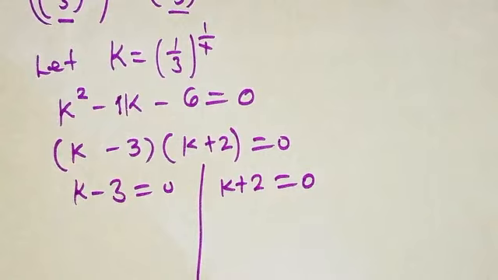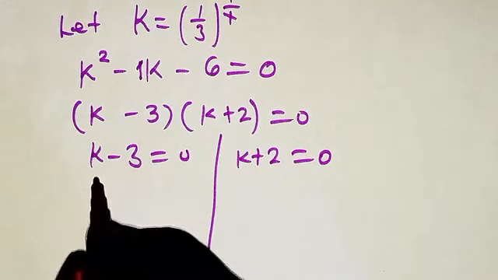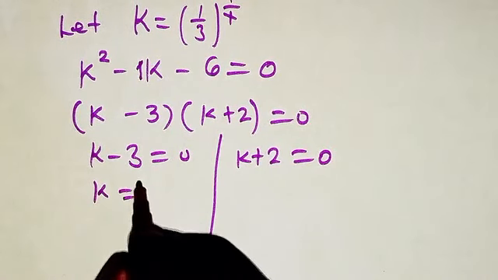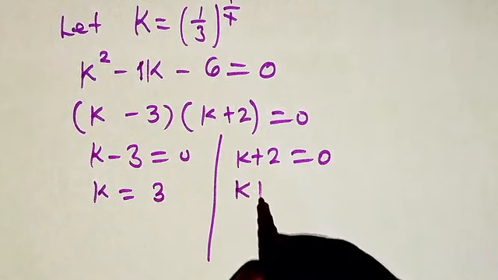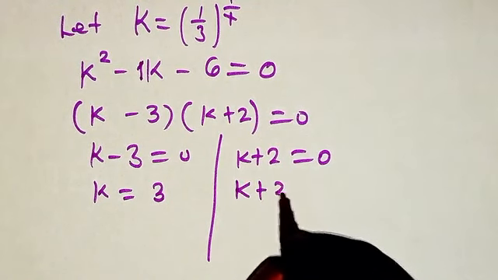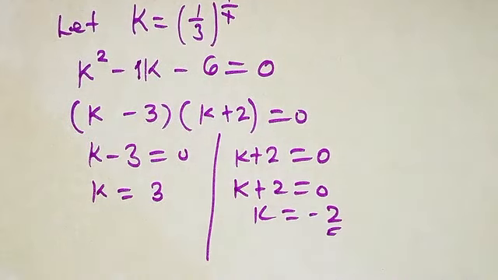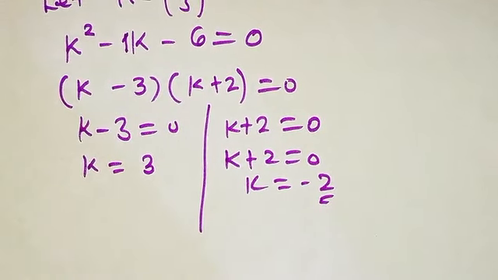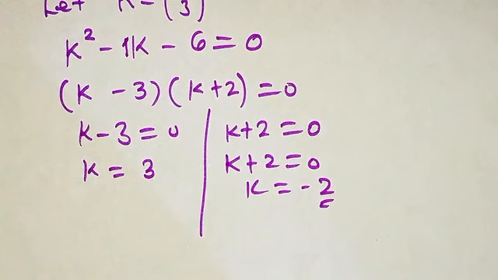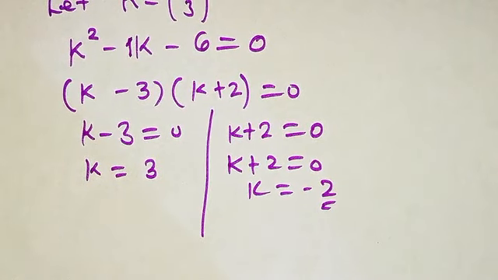We have the two solutions: k equals 3, and k equals minus 2. But don't forget that we are not looking for the value of k, we are looking for the value of x.